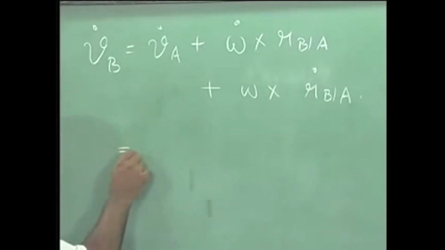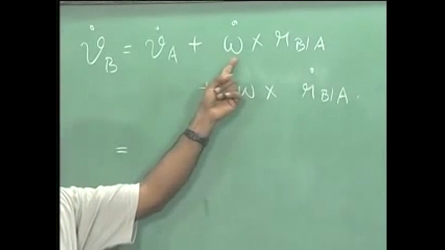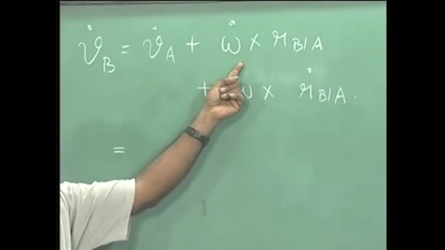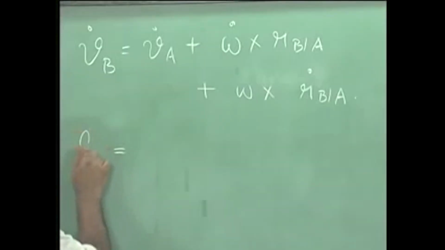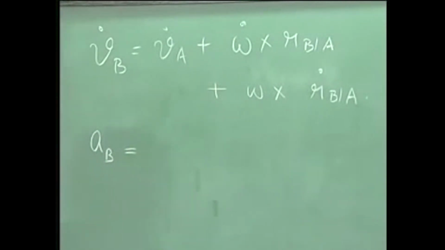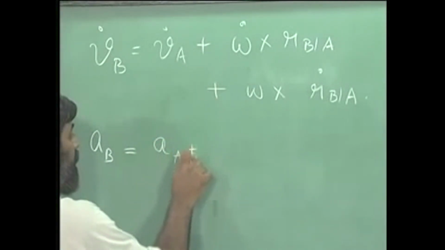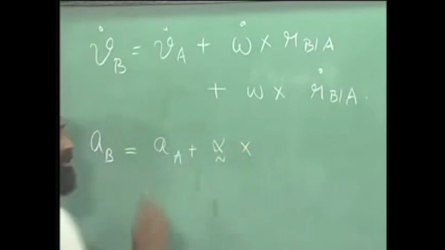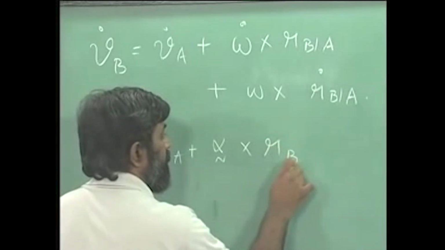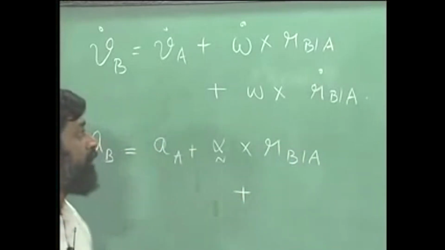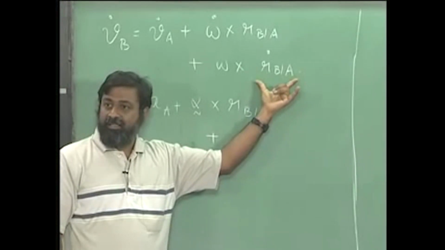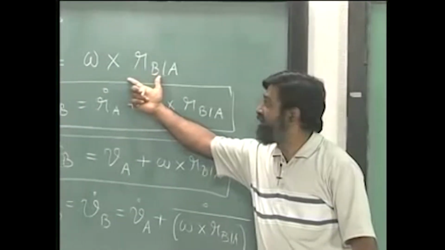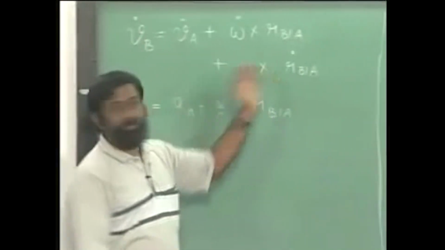Okay. What is omega dot? The rate of change of angular velocity is angular acceleration, and therefore the acceleration of B can be written as acceleration of A plus, let me just denote that as alpha, angular acceleration cross R B with respect to A plus, now you notice that this R dot B with respect to A is revisiting, and I know that is equal to omega cross R B with respect to A. So I can just substitute over here.